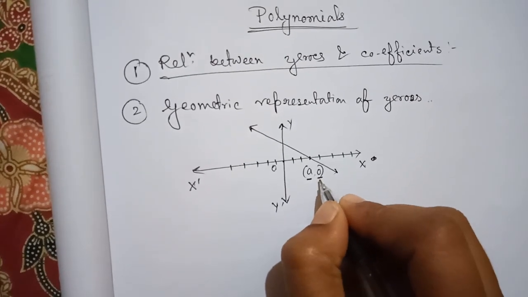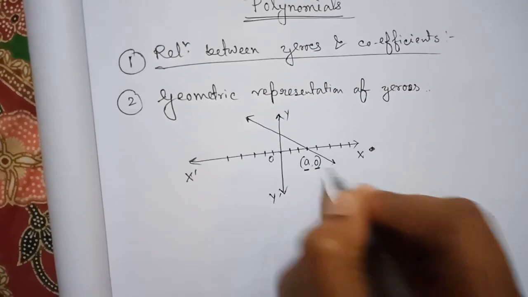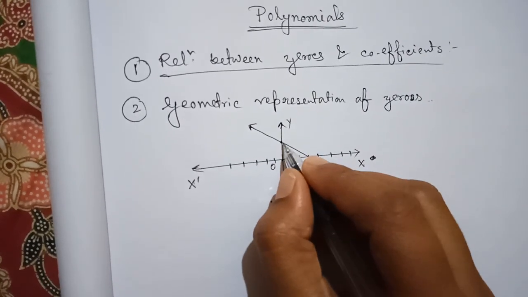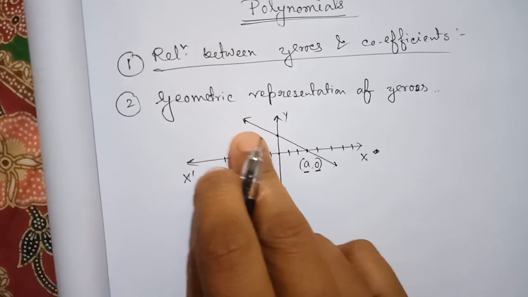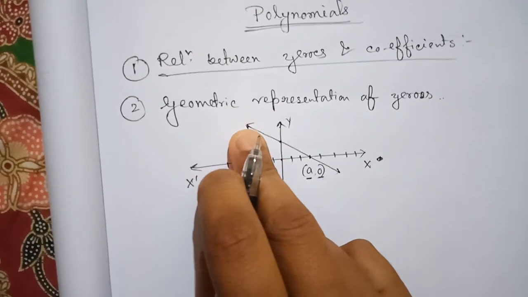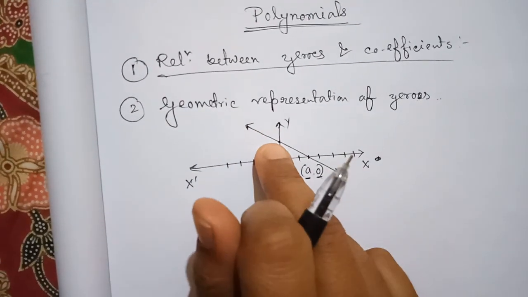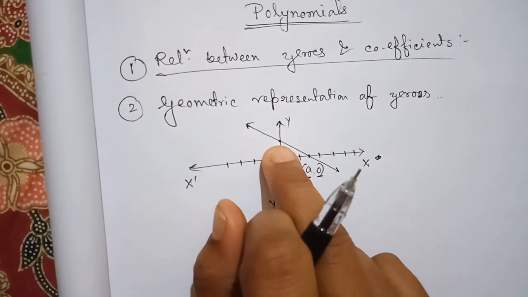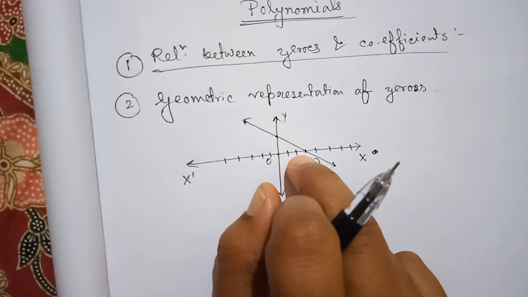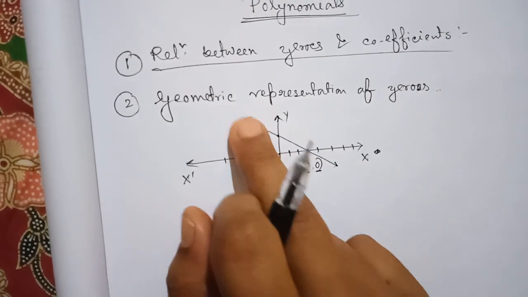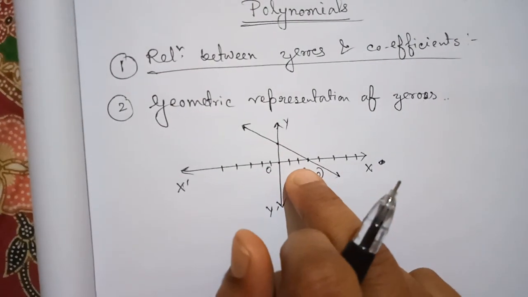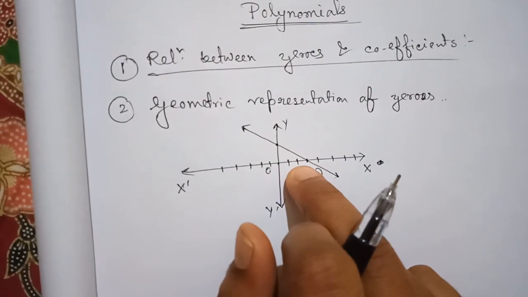That means y coordinate's value always will be 0. Here is a point on y-axis, but we are not concerned about the points where the line or any curve cuts y-axis. We will be looking at only the point where the curve or the line meets x-axis, only x-axis.